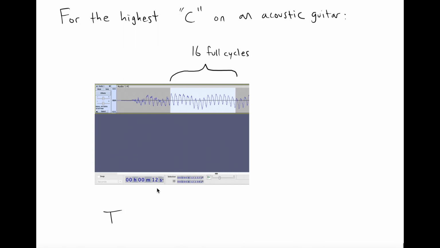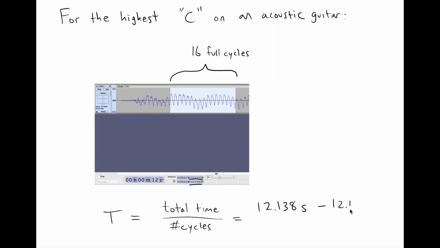However, if it is 16 cycles, then the period will be given by total time over the number of cycles. So that's going to be 12.138 minus 12.122, then we'll divide by 16 cycles.